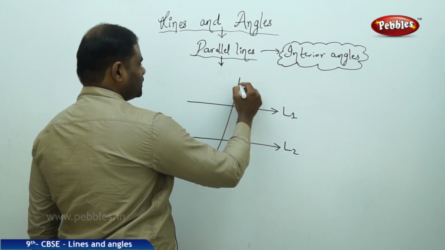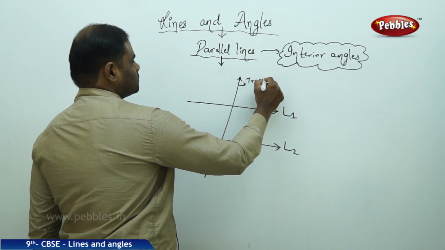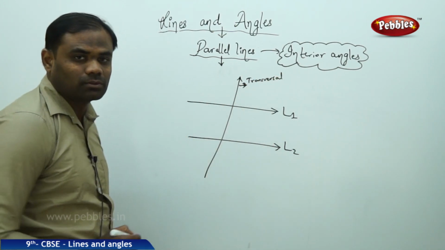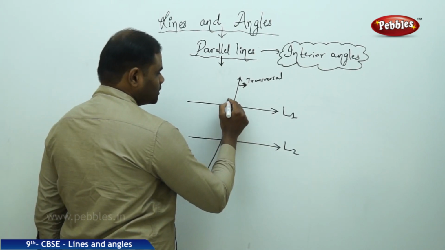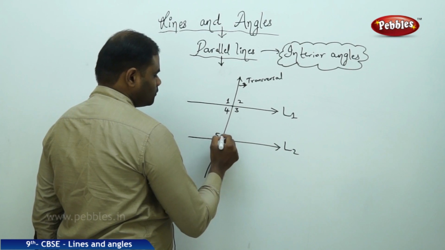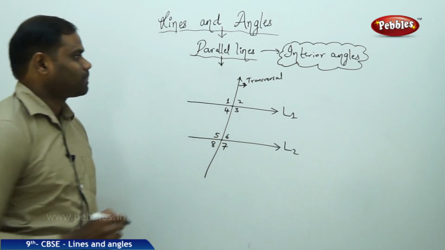And let me have a transversal which cuts the lines L1 and L2, thus making 4 angles here. 1, 2, 3, 4, 5, 6, 7, 8.